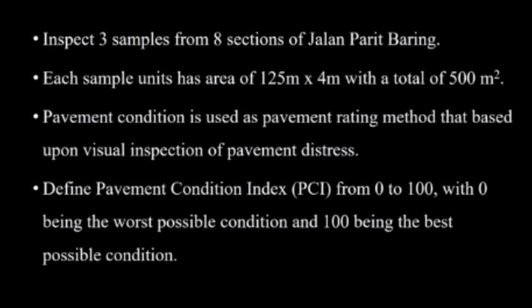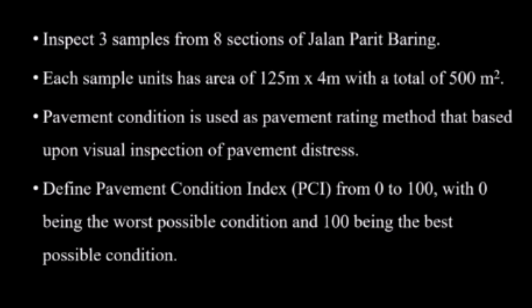In this project, we inspect 3 samples from 8 sections of Jalan Parit Baling. Each sample unit has an area of 125 meters times 4 meters, with a total of 500 square meters. The pavement condition index is used as a pavement rating method based upon visual inspection of pavement distress.